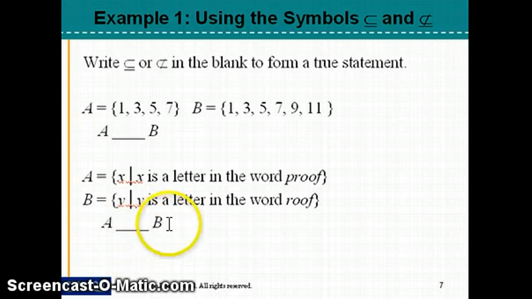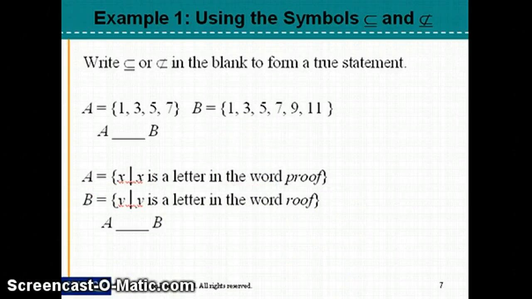Well, are all the letters in A in B? No, because the letter P is not in B. So you cannot write a subset. Now, is it a proper subset? No. So you could say not a proper subset. All right, I hope that didn't complicate things.